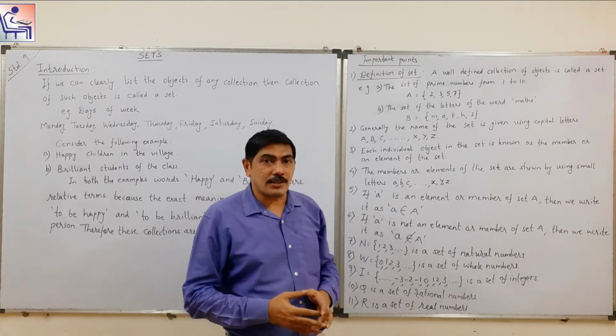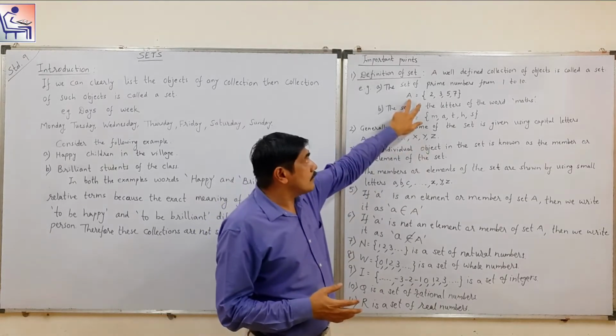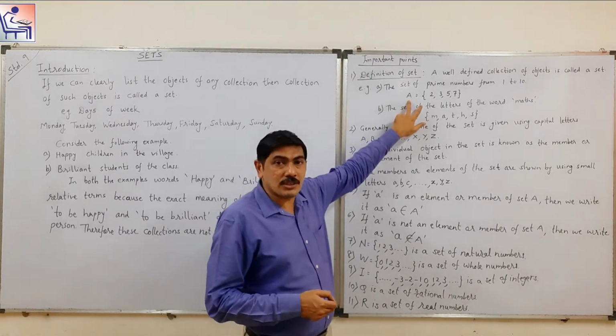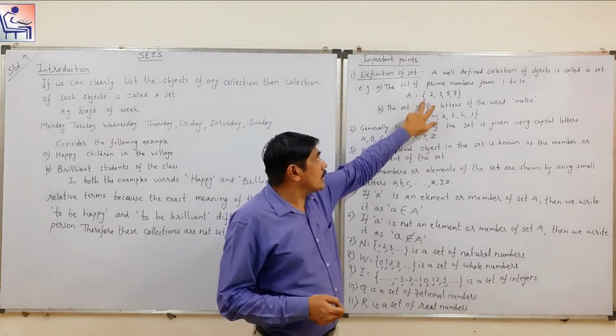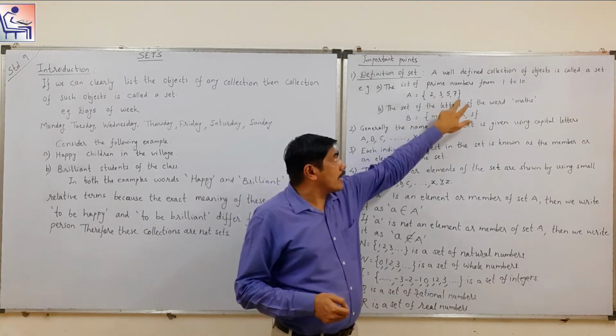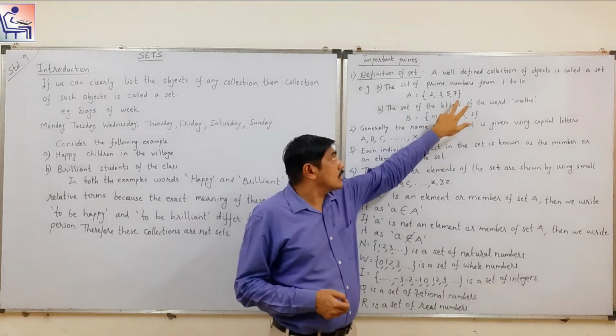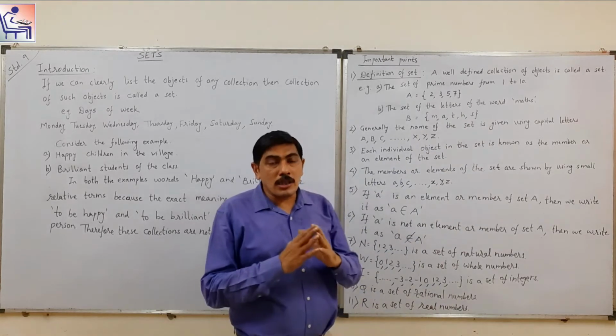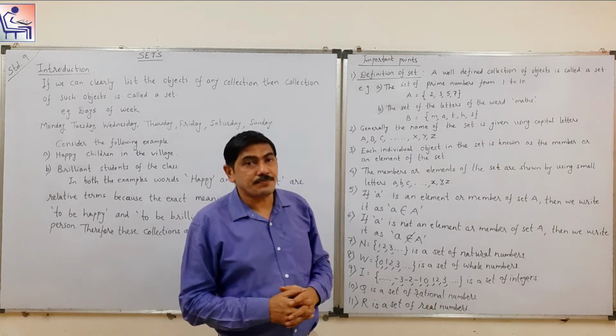How do we write the set? We write A, where A is the name of the set, equal to, within curly brackets, an opening curly bracket and a closing curly bracket, and we separate all the elements by commas.